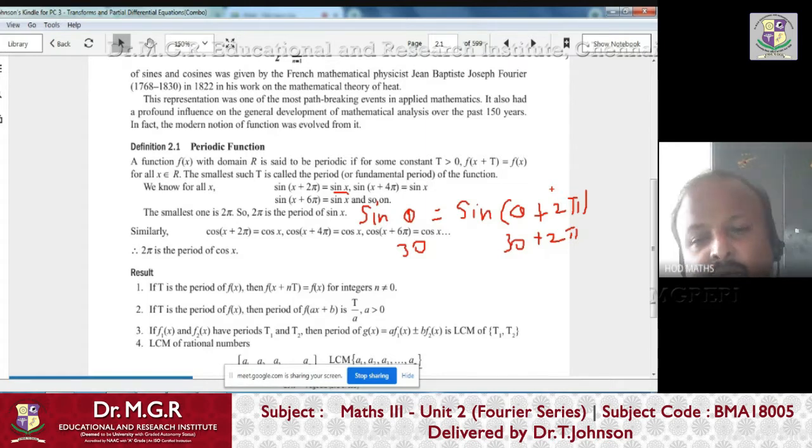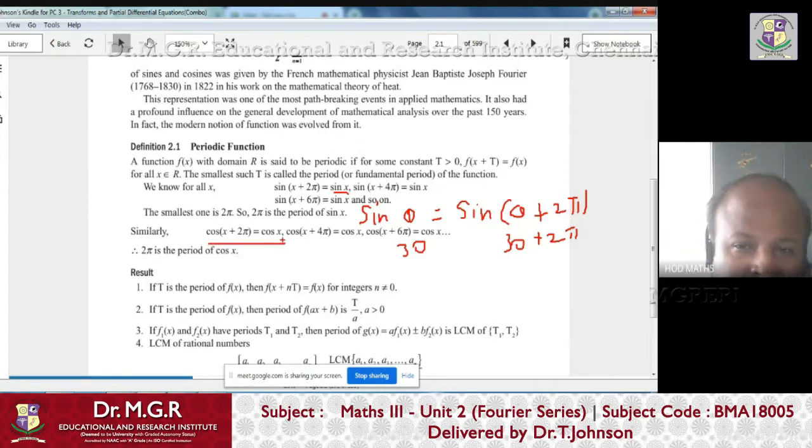It is the same true for cos also. Cos x is the same as cos of x plus 2 pi. In general, for any function f of x, its value is the same for f of x plus T, where T is the periodic length.